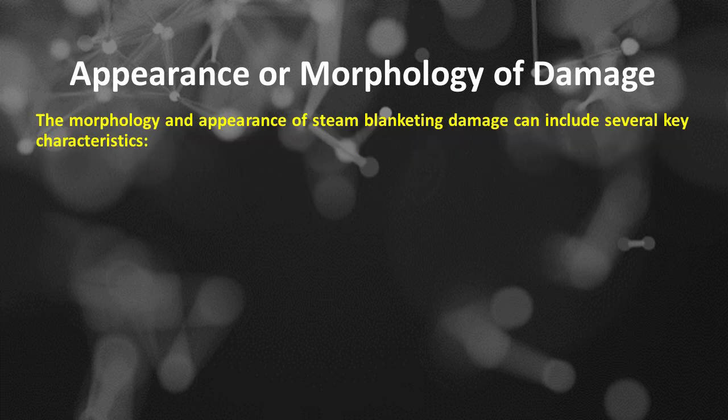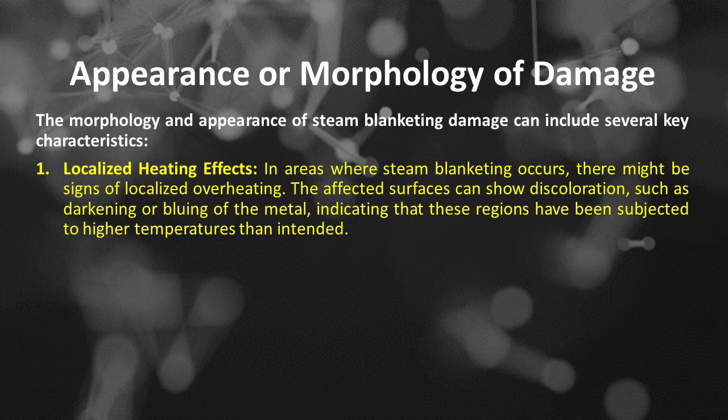The morphology and appearance of steam blanketing damage can include several key characteristics. Number 1 is localized heating effects. In areas where steam blanketing occurs, there might be signs of localized overheating. The affected surfaces can show discoloration, such as darkening or bluing of the metal, indicating that these regions have been subjected to higher temperatures than intended.